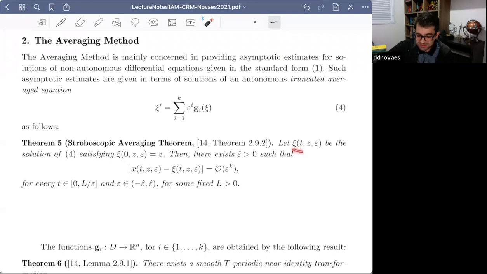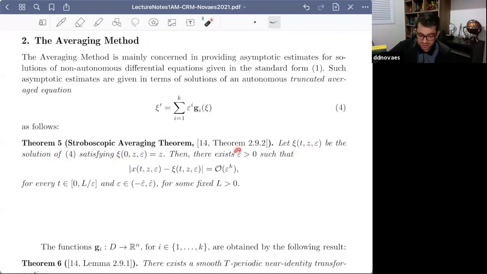So let φ be the solution of 4 satisfying the initial condition φ(0, z, ε) = z. Then the result is the following.